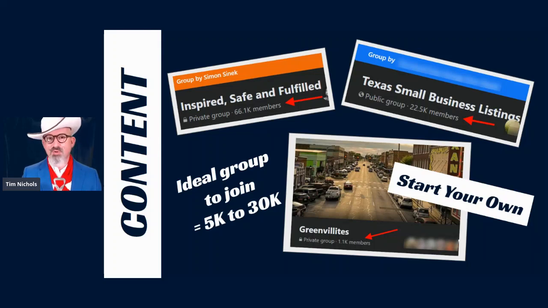It has nothing to do with small business owners, but they post almost every hour about wild animal videos, and it's ridiculous. That one has well over 30,000 in it, but I see why it's important for us to create that focus in the groups that we're working with.